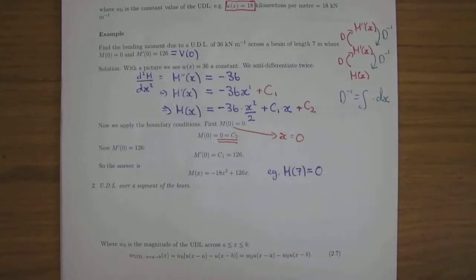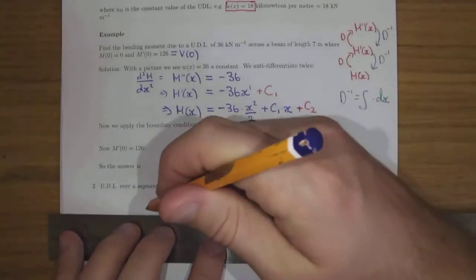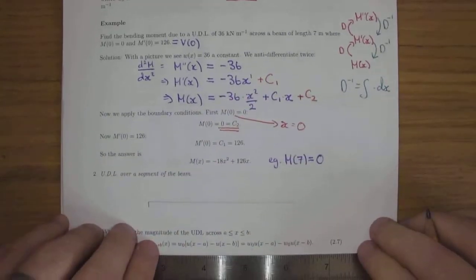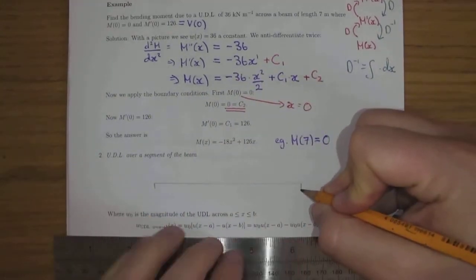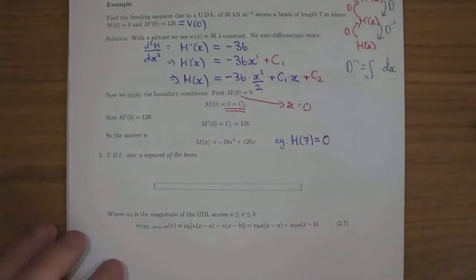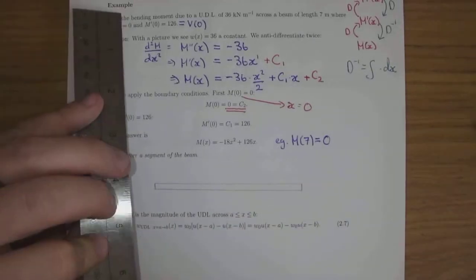Okay, the next thing we consider is a UDL over some of the beam. Okay, so this looks, I'm going to draw again a beam without supports. Again, now, well, the way we're going to do it, let's put in some axes.